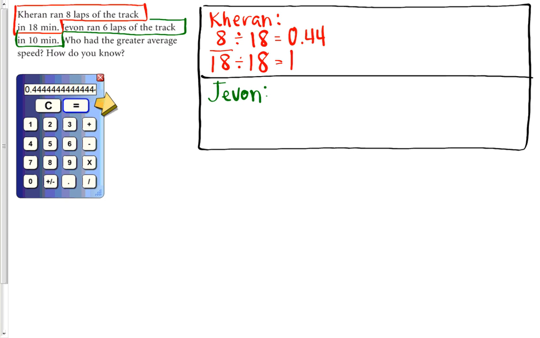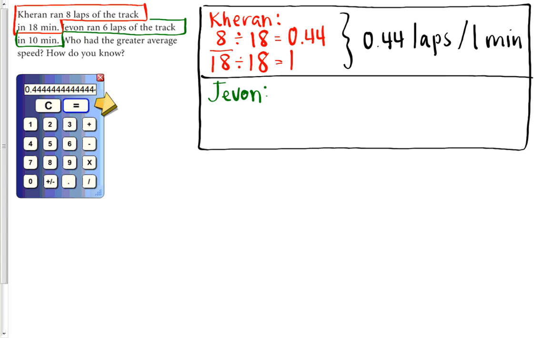Okay, so what I've found out then is that we've got 0.44 laps per 1 minute. That's messy, so I'll clean that up a little bit. Per 1 minute. I'm going to do the exact same thing down here with Javon.